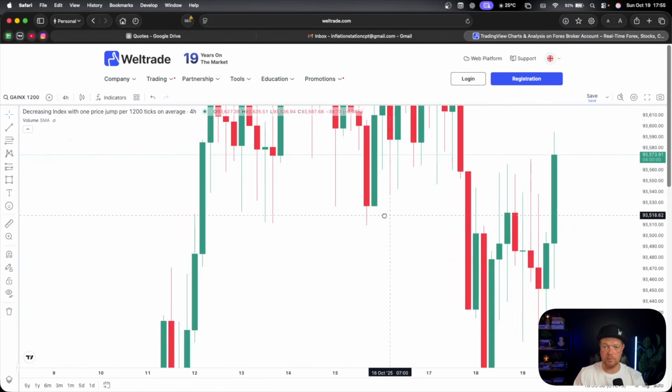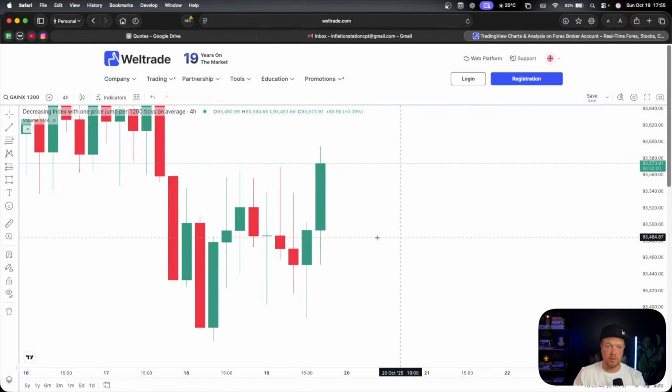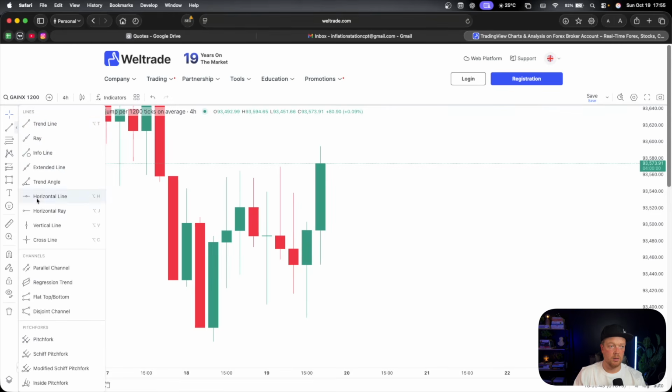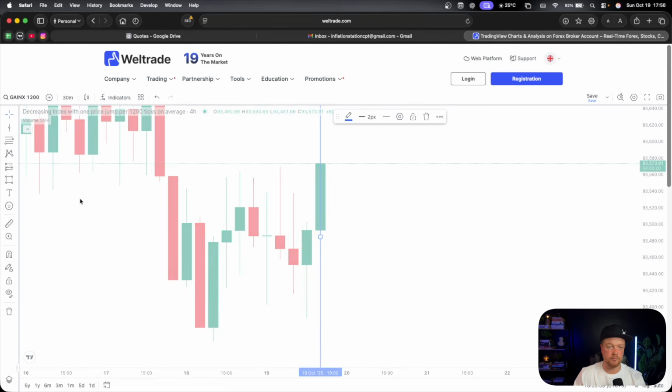I'm just going to do the second most recent one. So here you can see we had a green candle here, right? So we want to start on this 4 hour candle because this one closed bullish. So we jump down to the 30-minute.